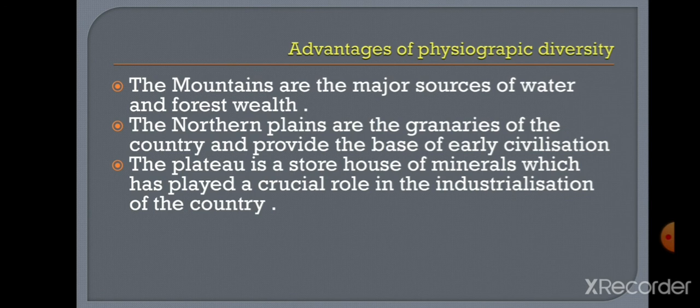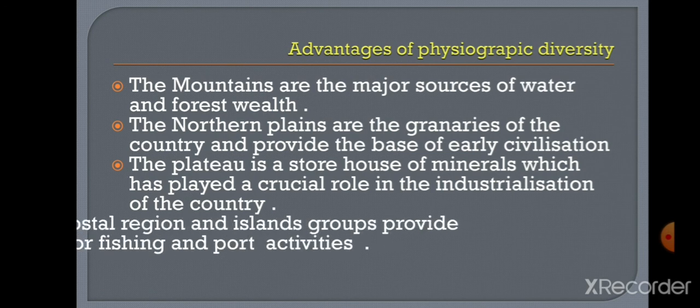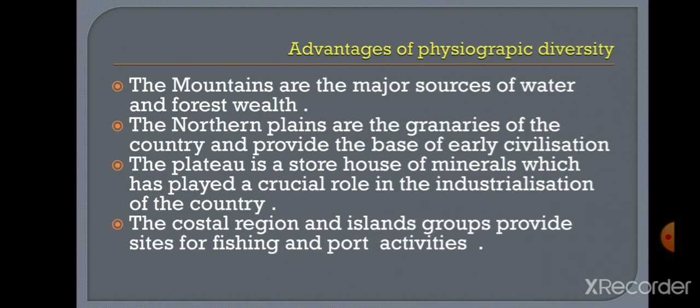And we are a country that is producing so many things right now, and we are having industrialization. So for industrialization, we need these minerals, and that is being provided from the plateau area. The coastal regions and island groups provide sites for fishing and port activities.